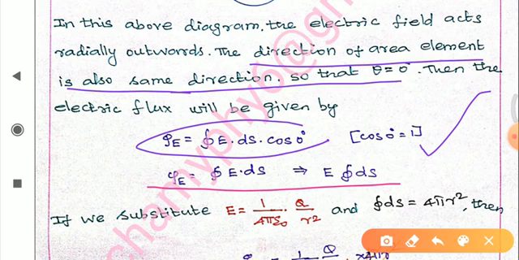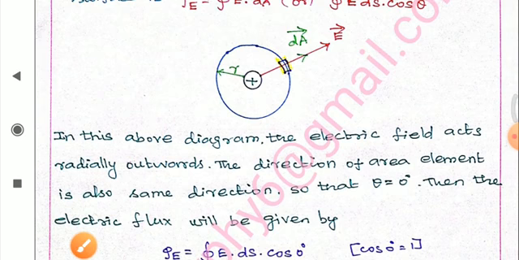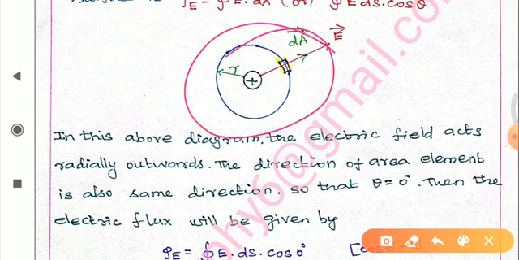Here what is E? E is nothing but the electric field. The electric field produced by the point charge kept at the center is constant. Only the area element depends upon our choice. So E can be taken out of the integral, leaving only dS. Suppose we consider the surface to be a sphere. What is the area of the sphere?